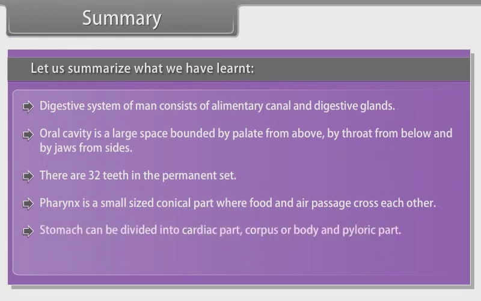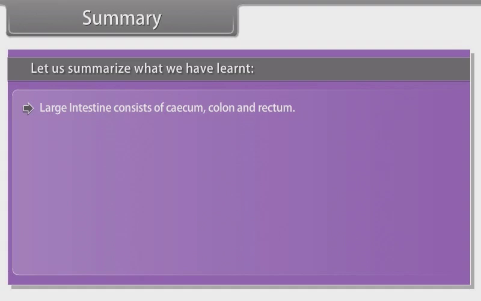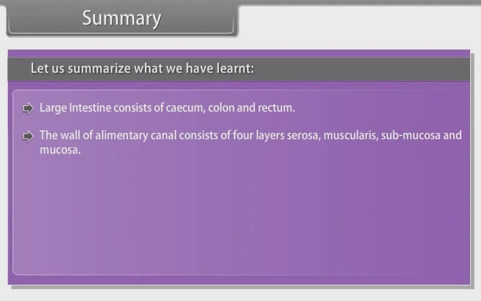The stomach can be divided into the cardiac part, corpus or body, and pyloric part. The small intestine consists of duodenum, jejunum, and ileum. The large intestine consists of caecum, colon, and rectum. The wall of the alimentary canal consists of four layers: serosa, muscularis, submucosa, and mucosa.